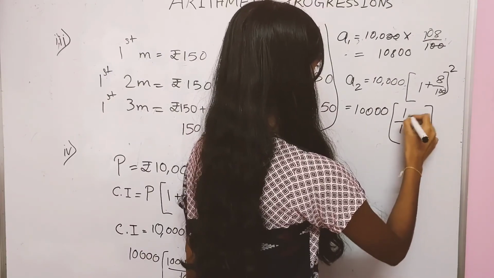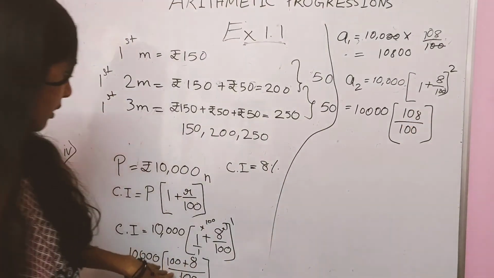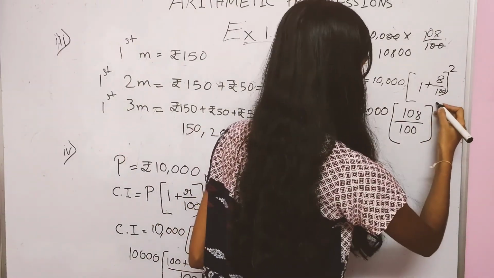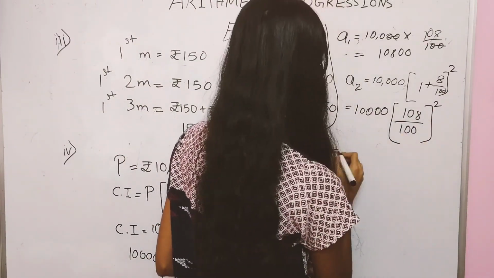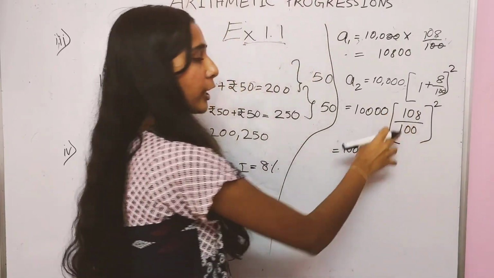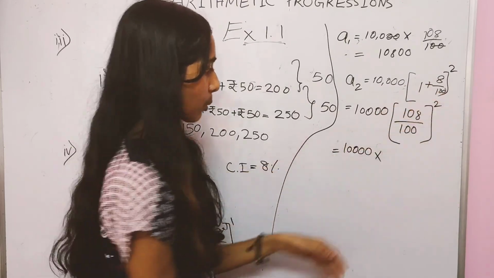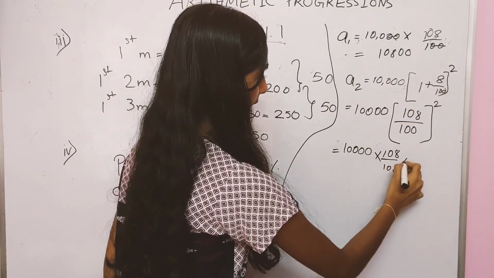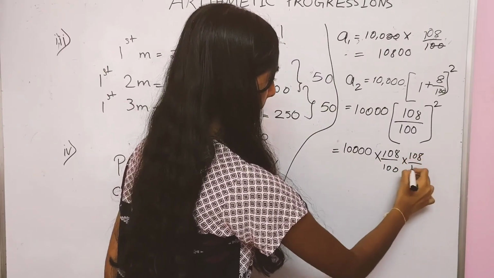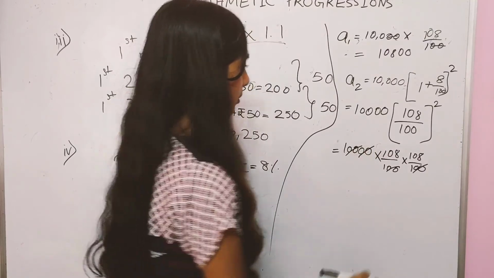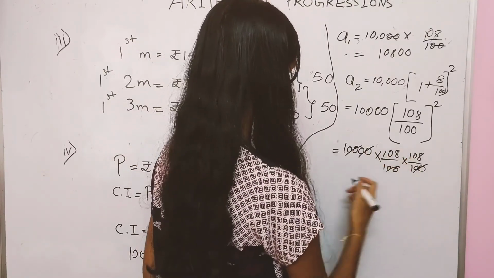It becomes 108. You found it earlier, 108. So I can just write it as usual to the power 2. 10,000 into 108 by 100 the whole square. So 108 into 108. Cancel the zeros. It becomes 108 the whole square.